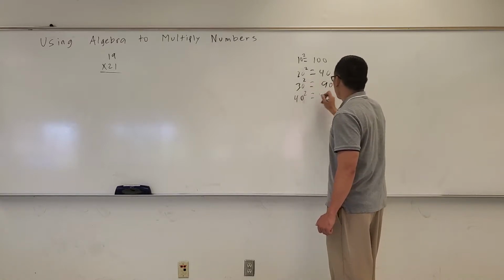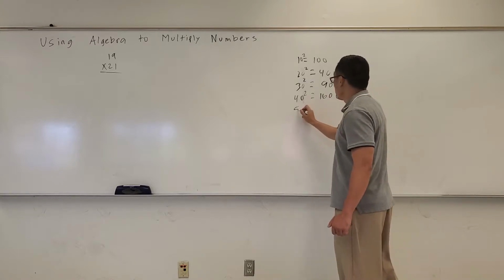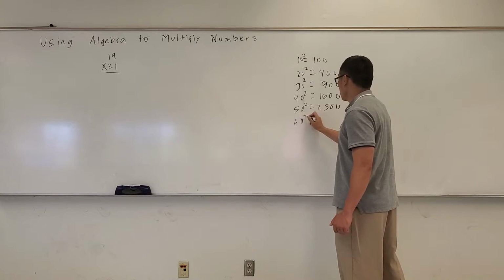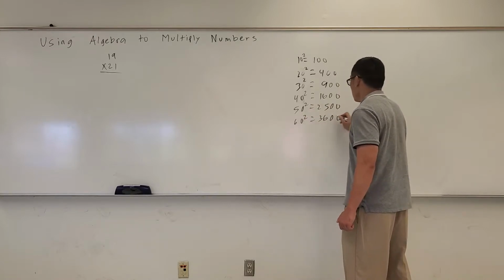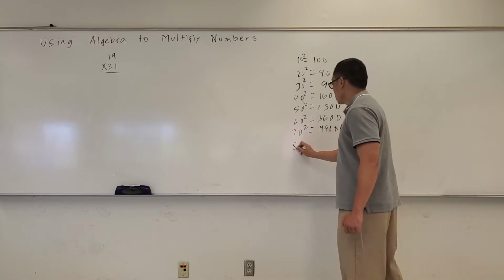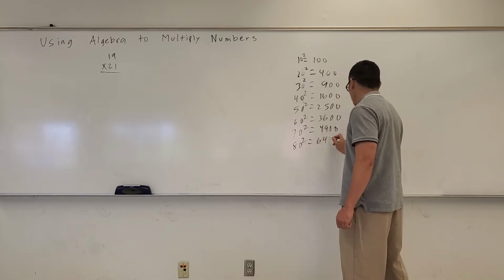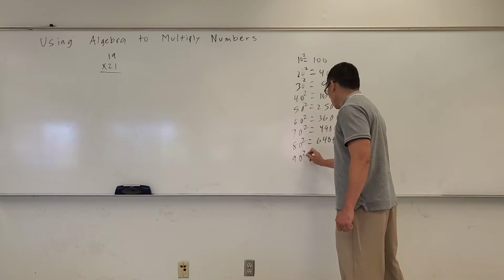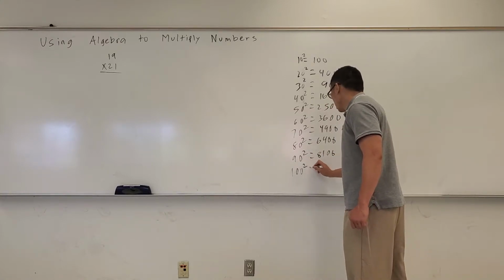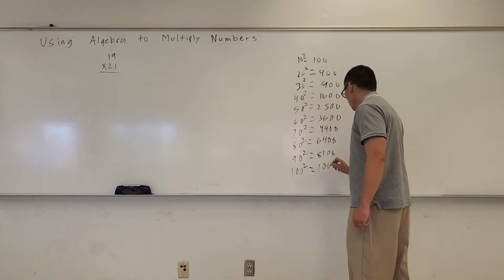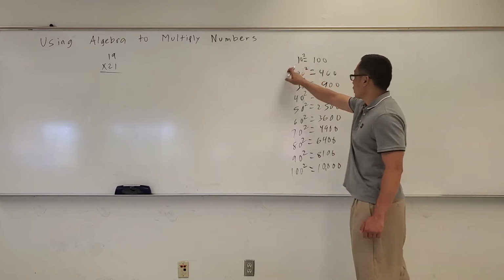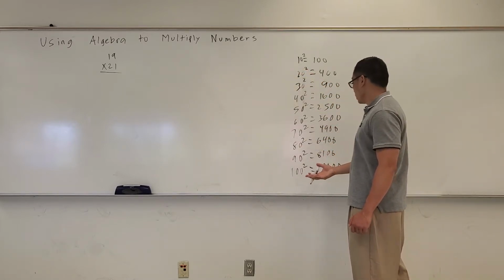Same thing with 40 squared, 1600. 50 squared is 2500. 60 squared is 3600. 70 squared is 4900. 80 squared is 6400. 90 squared is 8100. 100 squared is 10,000. Right? So basically, just knowing 1 squared to 10 squared, this is not that hard.